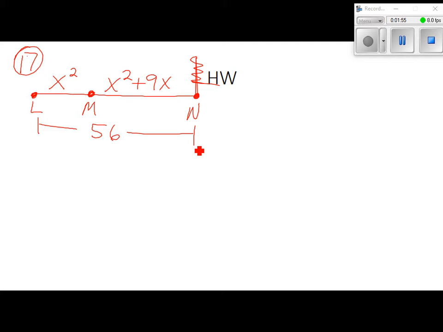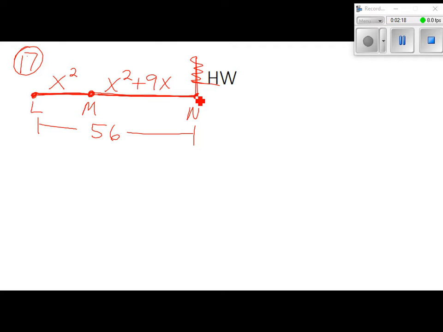Last year in algebra, you probably had trouble with the stuff that had the squares in it. If we got rid of the squares, forget that those little 2's are even there. Remember, the segment addition postulate says this segment plus this segment should equal what? The whole thing, which is 56.